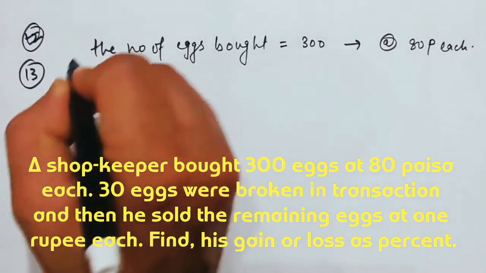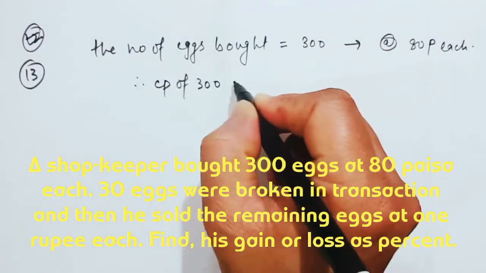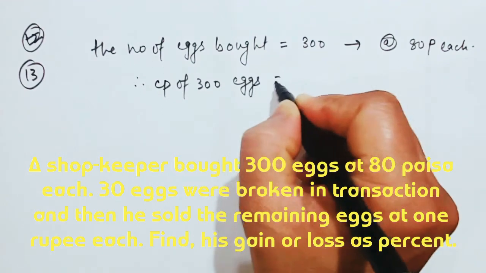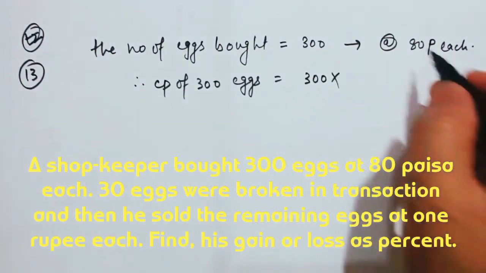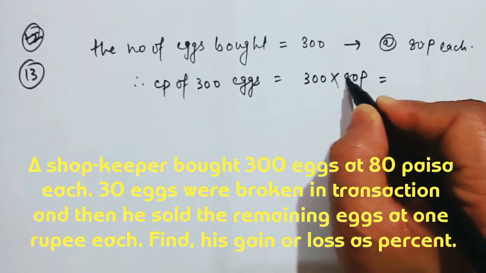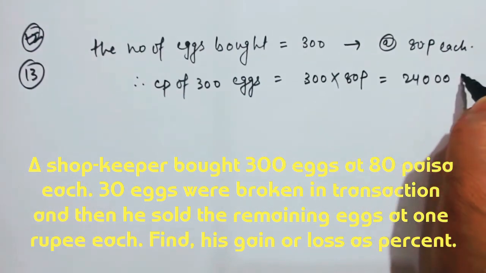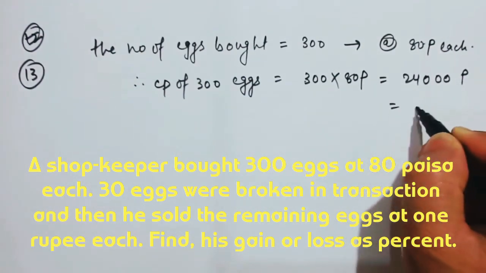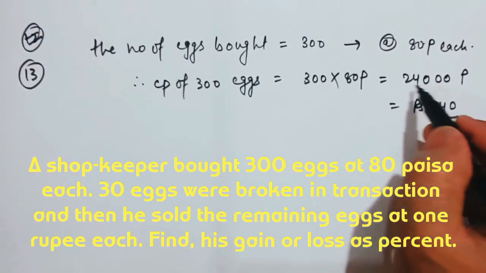Therefore, the cost price of 300 eggs will be 300 into 80 paisa. That is 24,000 paise, or rupees 240 when you divide this by 100.